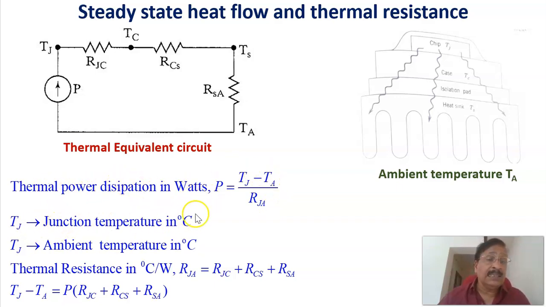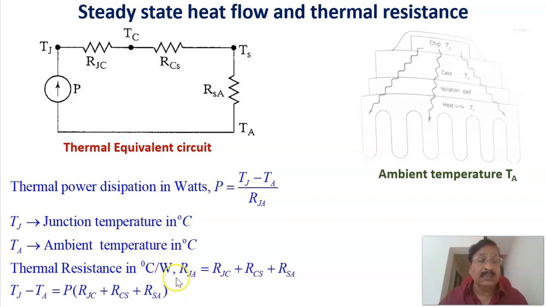And Tj is the junction temperature in degrees centigrade, and Ta is the ambient temperature in degrees centigrade.